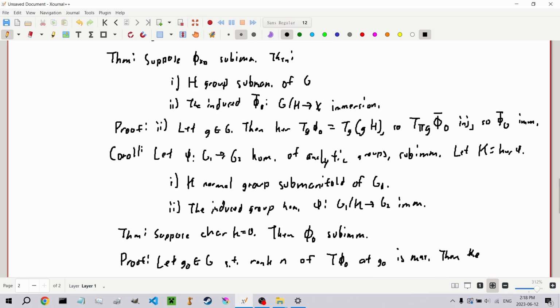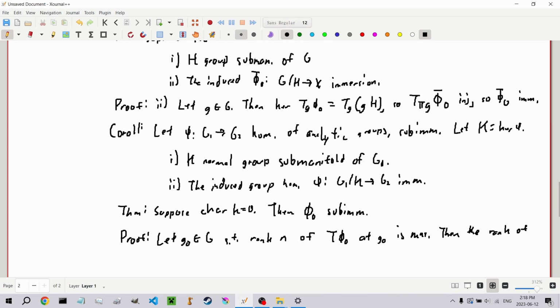Then the rank of T phi is n in a neighborhood U naught of g naught.